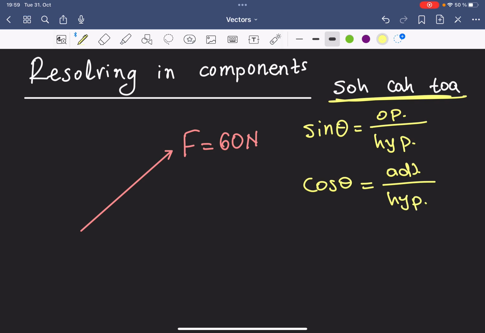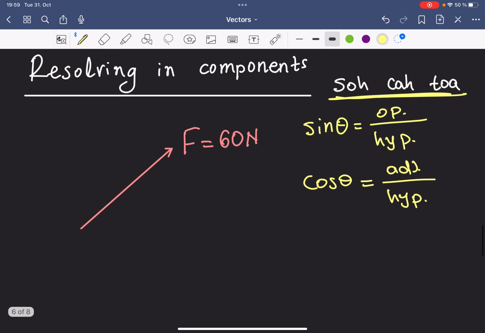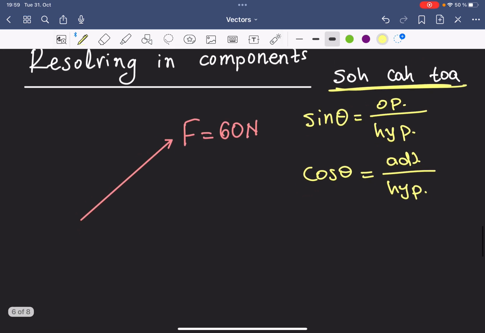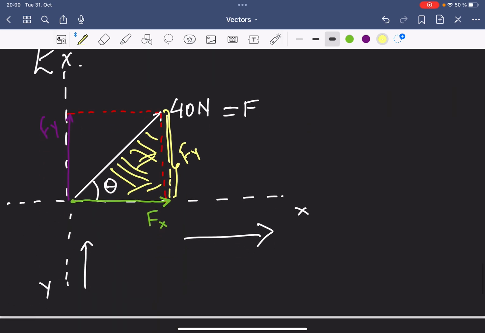These are functions that you will learn in mathematics if you haven't learned them yet. And SOHCAHTOA is a mnemonic that's supposed to help you remember the ratios for sine and cosine. And the last one is for the tangent, which is going to be the opposite side over the adjacent.